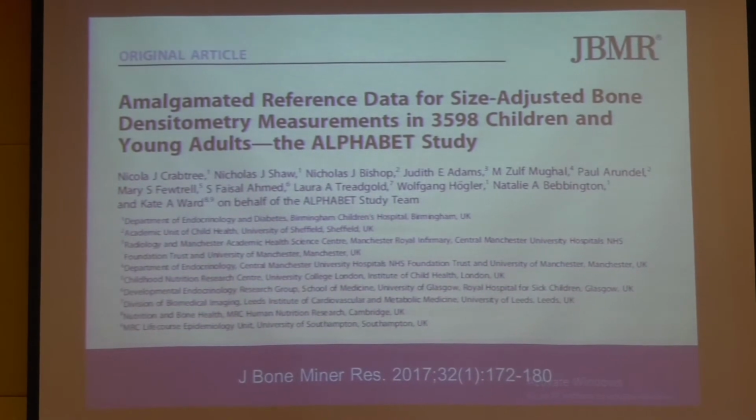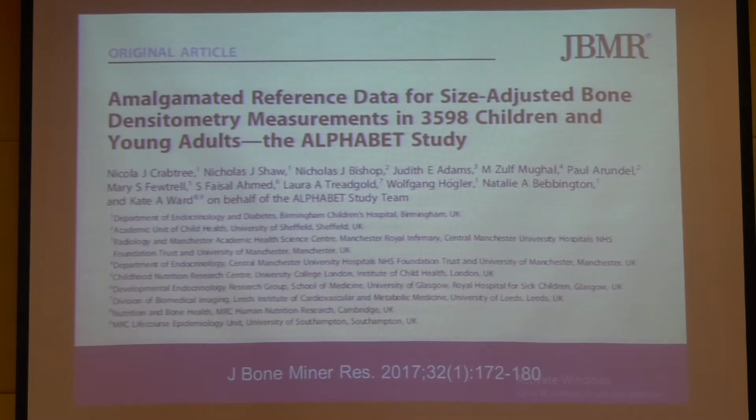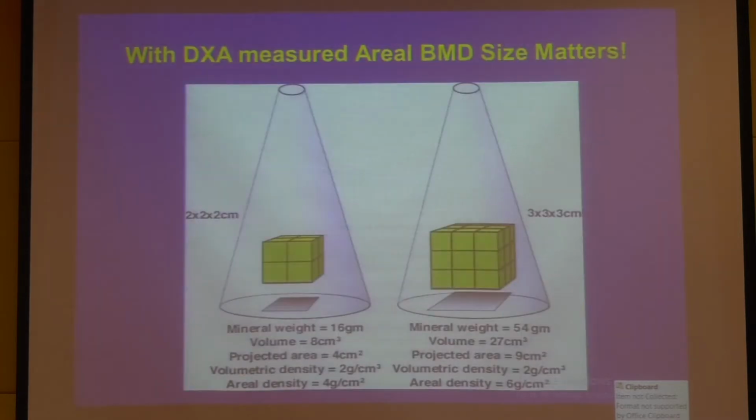They use completely different algorithms for data acquisition, and therefore you can't measure the bone density in one machine and use the data from another machine to interpret it. So you need a separate normative data which is machine specific. So it's gender, size, machine.